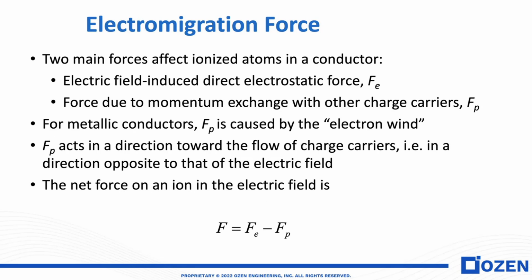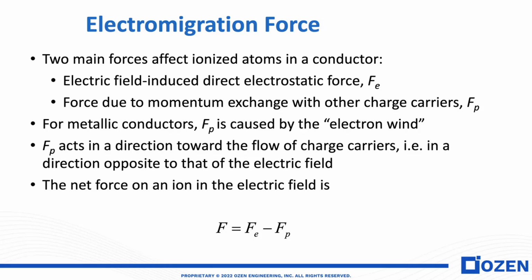There are two main forces that affect the ionized atoms in a conductor. The first one is the electric field induced direct electrostatic force, F sub E, and the second is the force due to momentum exchange with other charge carriers, F sub P. For metallic conductors, F sub P is caused by the electron wind, and F sub P acts in the direction of the flow of charge carriers, meaning that F sub P is in a direction opposite to that of the electric field.